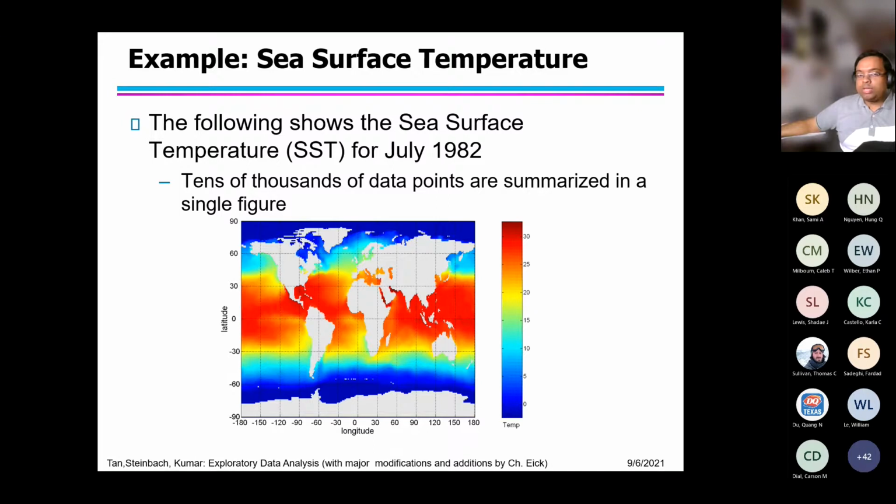You can guess where the hottest places on Earth are. You can also see that the northern and southern hemispheres' summer and winter are different. You see this for July 1982, and if you make this map continuously for different months, you can see the Earth breathe. This red portion keeps moving up towards the tropics and then moves down, as during December it's summer for the southern hemisphere and winter for the northern hemisphere.